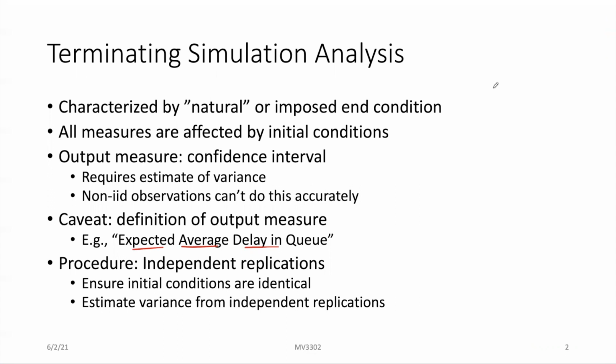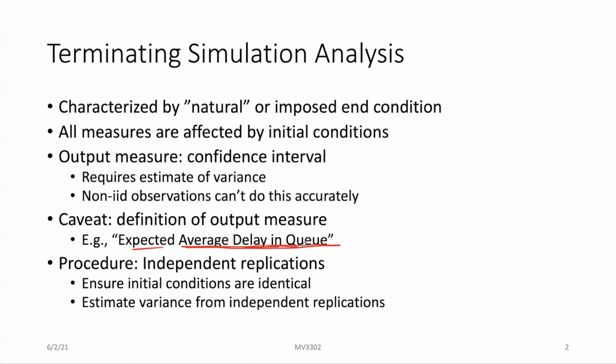So normally we think of the sample average as estimating the mean of something, but the presumption that only occurs if the underlying probability distribution is the same for each observation. But here, each delay in queue has a different probability distribution.